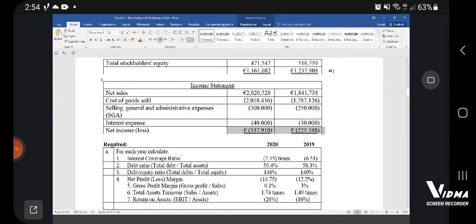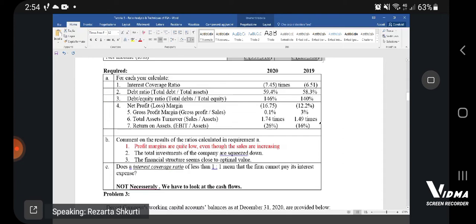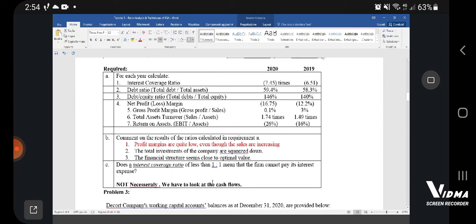What are accruals? Accruals are increasing receivables, increasing inventories that do not mean necessarily that we are paying money out. And this means that the cash is in the company even though we are having a loss. We may be able to cover the interest, but again, we cannot say that without further information. So not necessarily, we have to look at the cash flows.